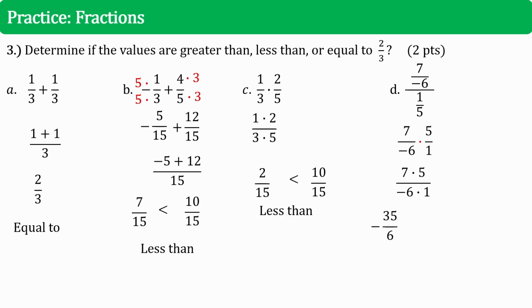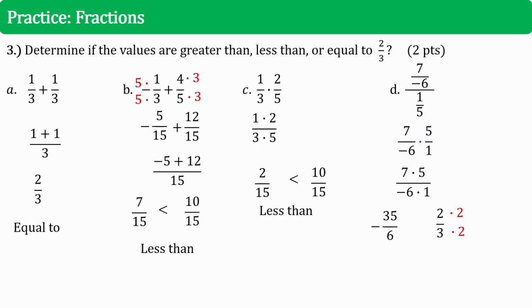But notice, I need to compare this to the 2/3. The issue is the 2/3 has a different denominator. I want to make it into a different denominator to compare it. The 2/3 can change the denominator into the least common multiple of 6. So I multiply the top by 2 and the bottom by 2.